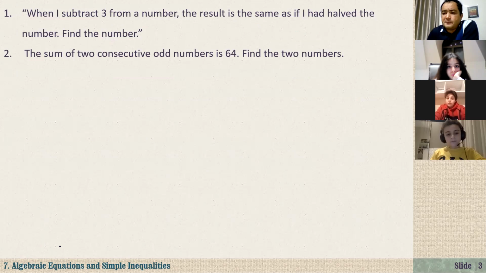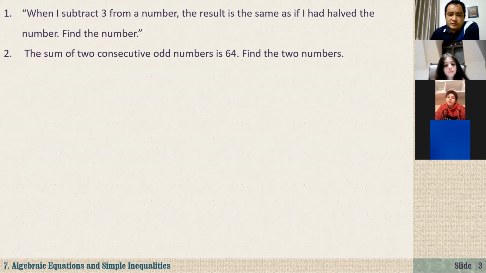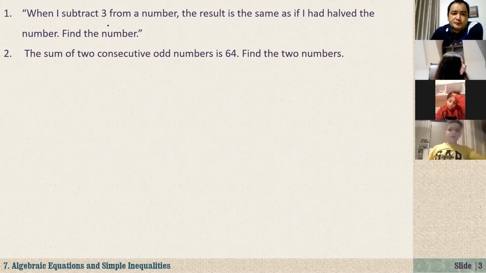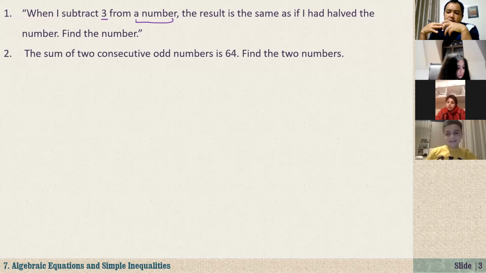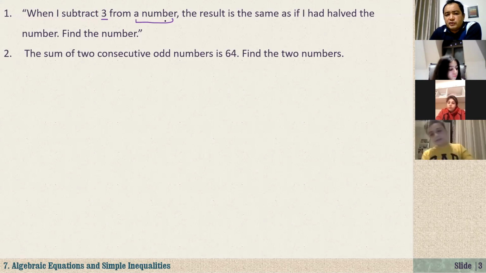The first one, for example, how do we model this question? It says that if I subtract 3 from a number, right? Usually we have to introduce a variable, and after that, using this variable, we connect all the other quantities, form our equation, then solve it. So here, if I subtract 3 from a number, I don't know this number.